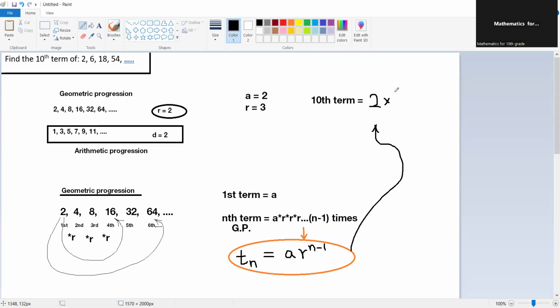So r is 3 here, 3 power n minus 1. So what is n here? n is 10 because I need the 10th term. So what is n minus 1? n minus 1 is 9.